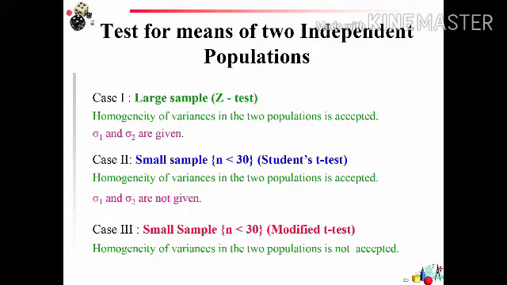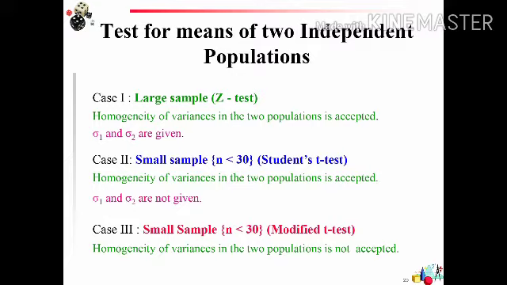So one assumption is there: in case 1 and case 2, homogeneity of variance in the two populations is accepted. In case 1, sigma 1 and sigma 2 are given. For case 2, sigma 1 and sigma 2 are not given. For case 1 and case 2, the main assumption is homogeneity of variance in the two populations, that is, the variances in the two populations are equal.